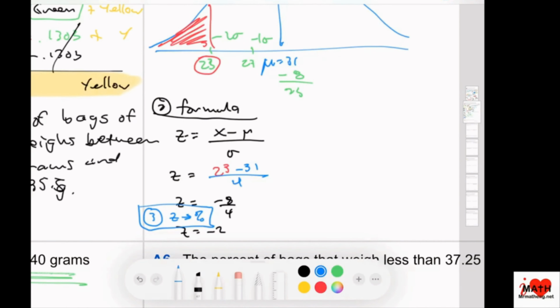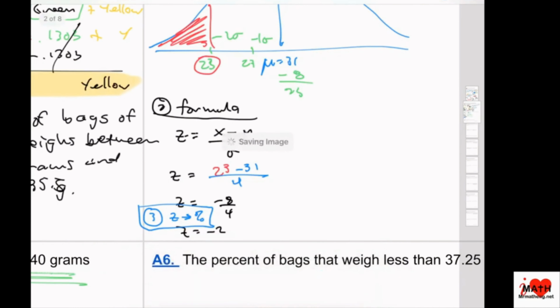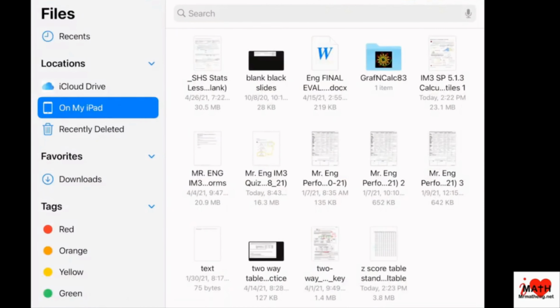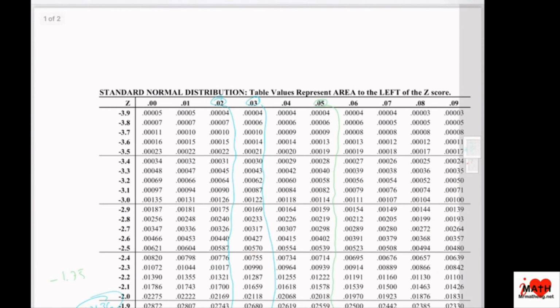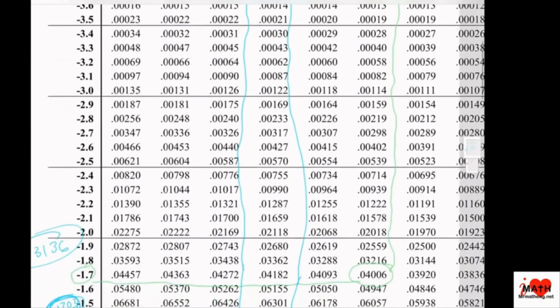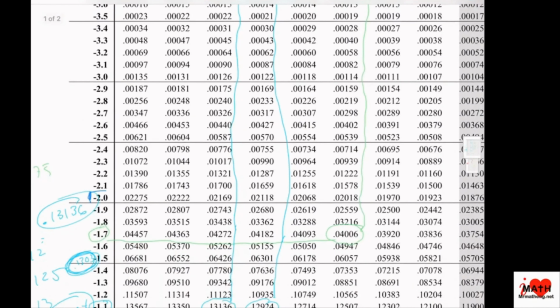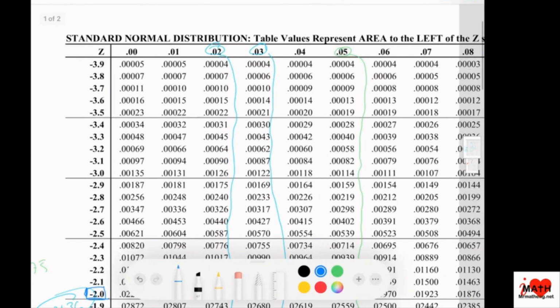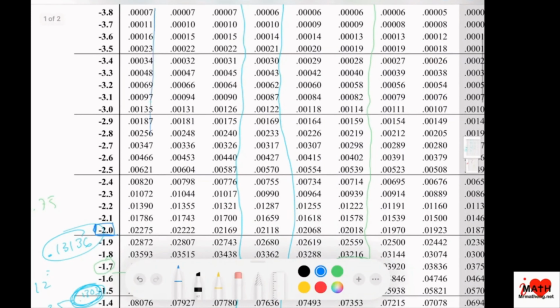Okay, so from here, I'm going to go ahead and use our chart. All right, negative 2 is here, and 0 is right there, so 0.02275.